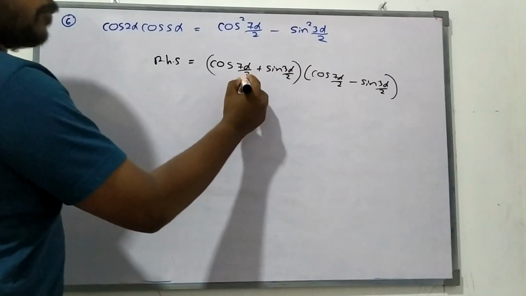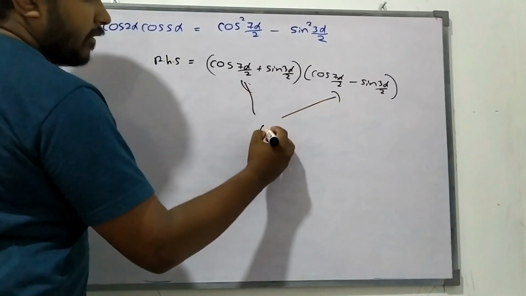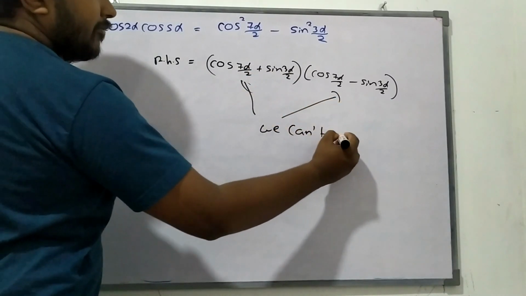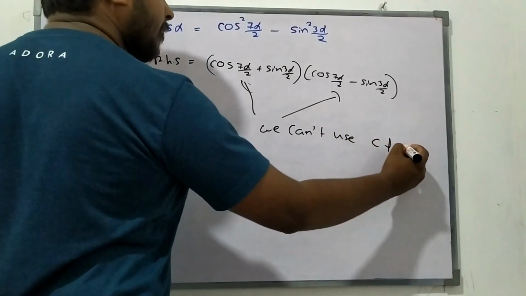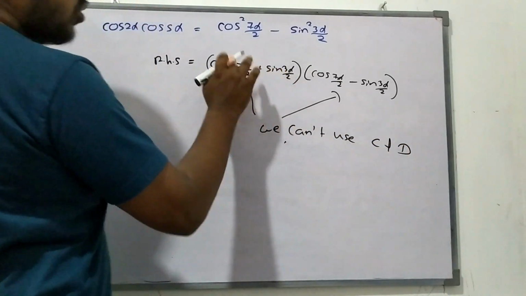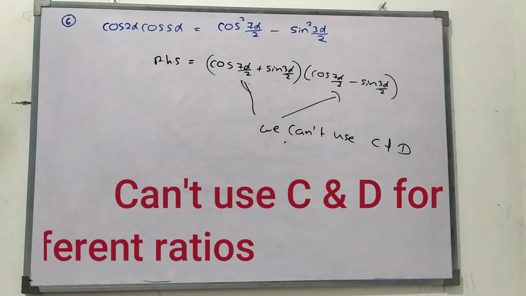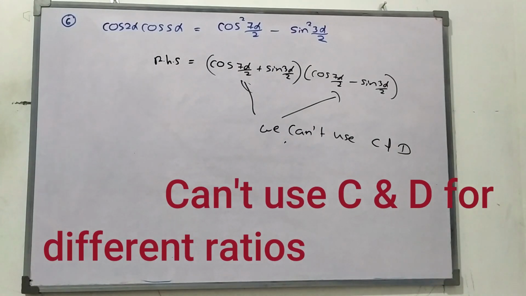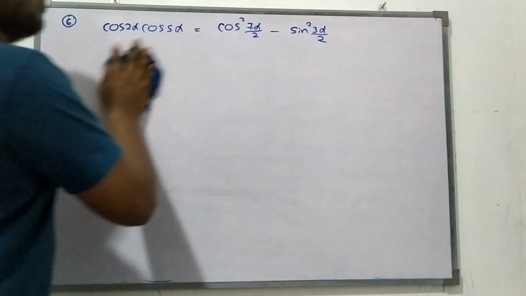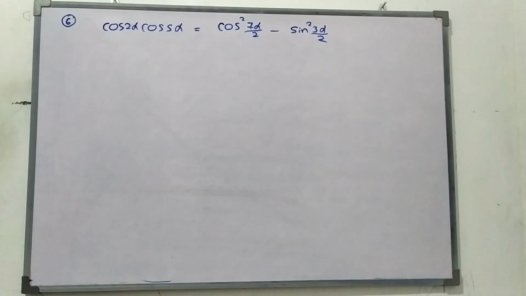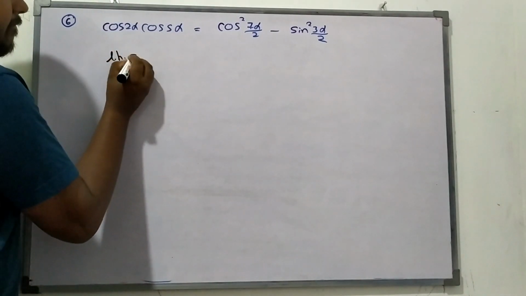So we can't use CD because these are two ratios, right? Two different ratios, so we can't connect different ratios with the CD formula. So this method can't be used, right? So I'm just starting from left hand side.